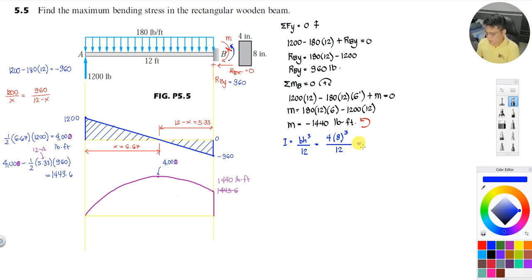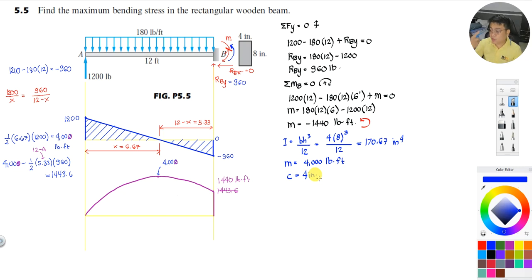So, you have the I for 8 cube all over 12. So that's 170.67. Okay, that is inches to the fourth. Now, we can now have the M equals to 4,000 pound foot. And then of course, your C would now become equals to 4 inches.